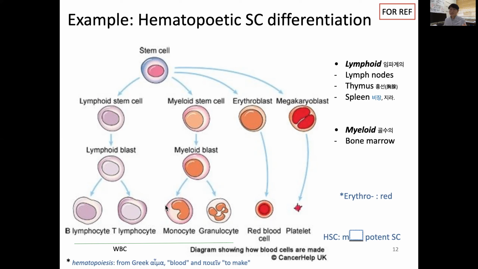You know, macrophage means big eater. So it eats up foreign molecules or maybe dying cells around. So these are a good immune function. And also these granulocytes are composed of various kinds of white blood cells, including neutrophils.